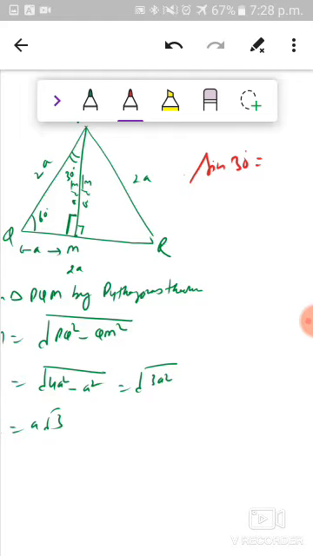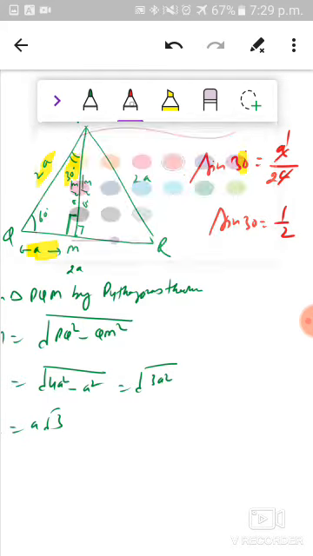Perpendicular means side opposite to this angle 30. So here our angle is 30. So the side opposite to this 30 degree is what? That is QM. That is a. So write here a divided by hypotenuse. What is our hypotenuse here? That is 2a. So a cancels by a. So the value of sine 30 is 1 by 2.